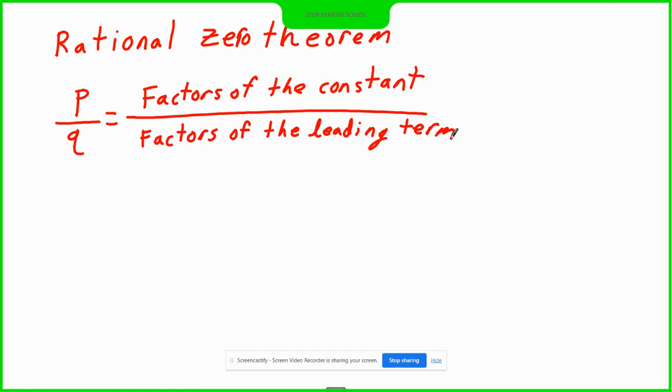So let's do an example. So right now, in example one, I just want to find possible rational zeros.